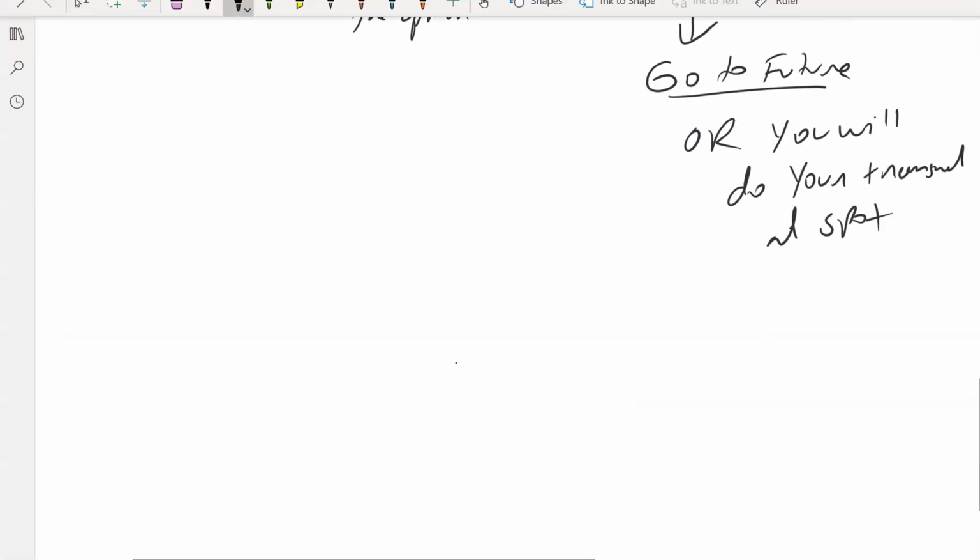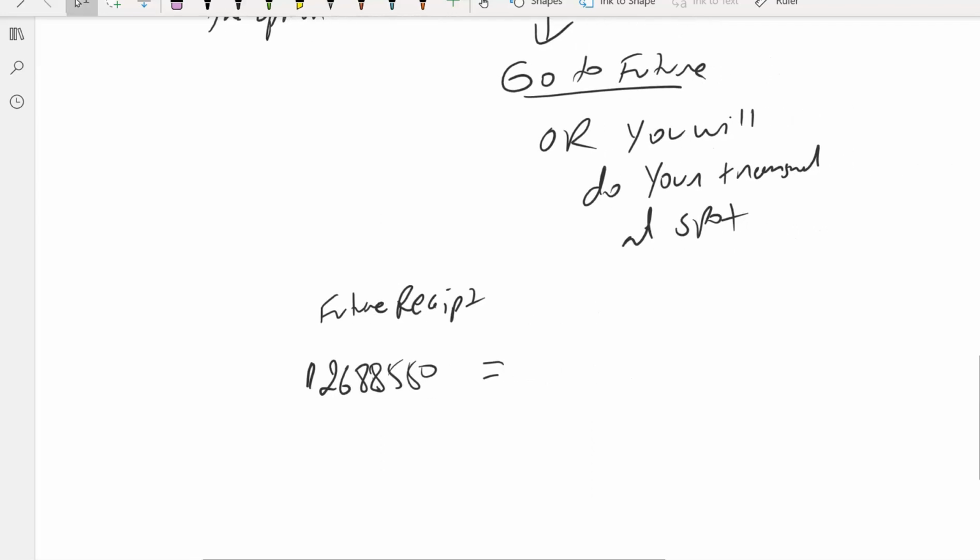You will receive 12,688,550. This is the future receipts if we ignore the forward option, unhedged option. And what about the option receipts?